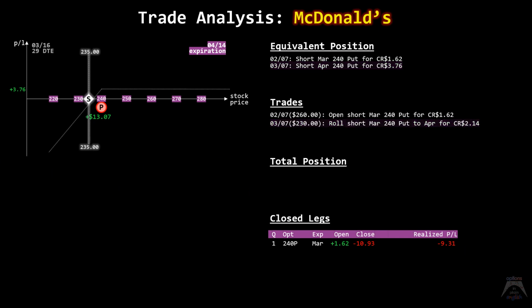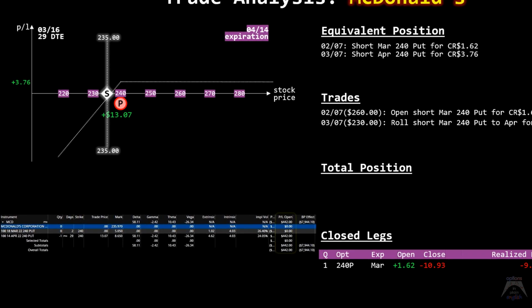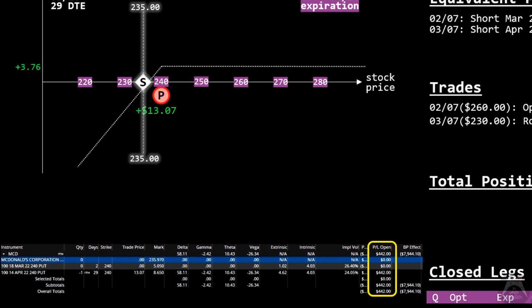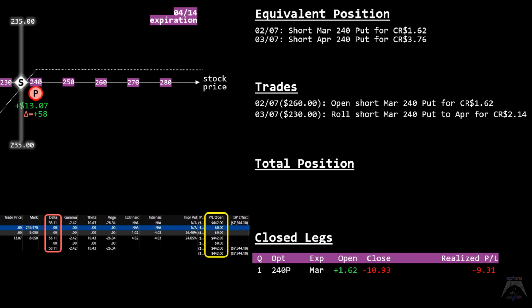9 days later, we have 29 days to expiration, and the stock is trading at $235. Our monitor page shows an open P&L of $442, or a profit of $442 per contract, and a delta of 58.